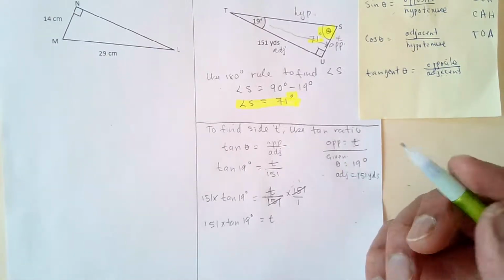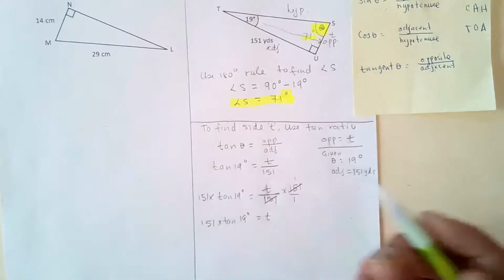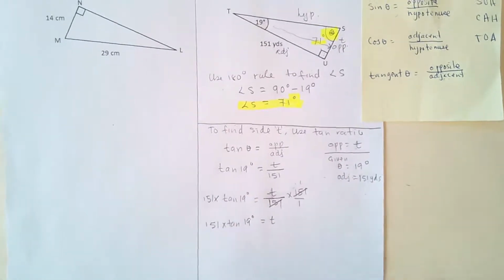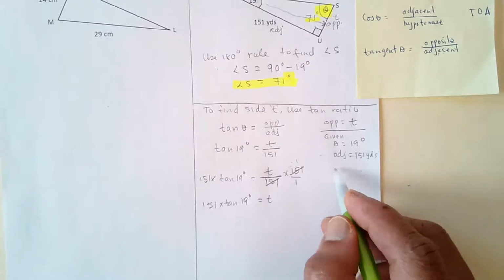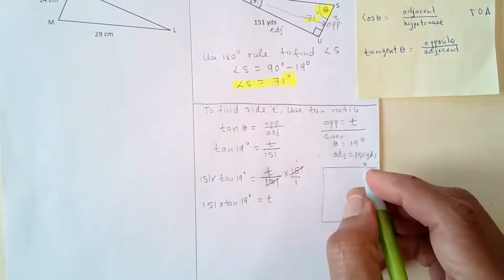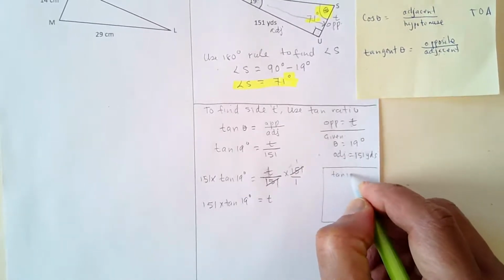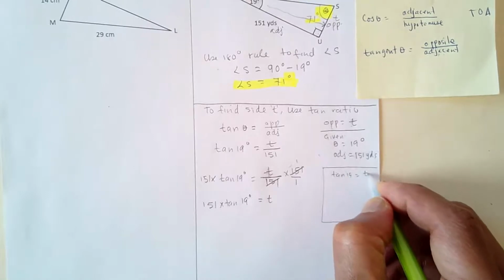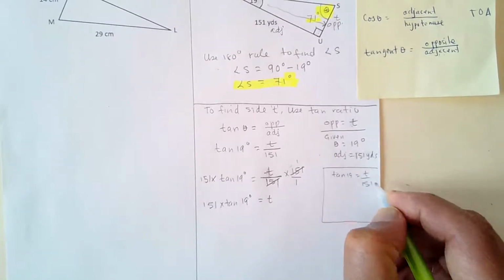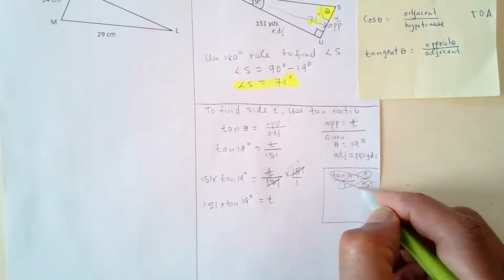So you can do a cross multiplication and arrive at the same thing. Some people prefer the cross multiplying rule, which I'm not a fan of, but it works. You can have tan 19 is equal to T over 151, which is equal to 1. And then you cross multiply these.